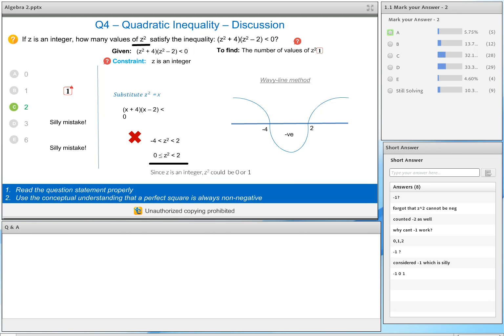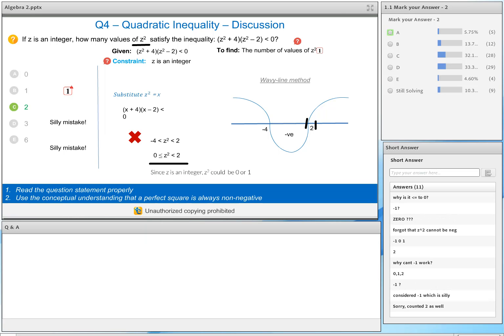Right, z square is a non-negative number. Okay. So again, 2 cannot work, neither can any negative value work. Okay.